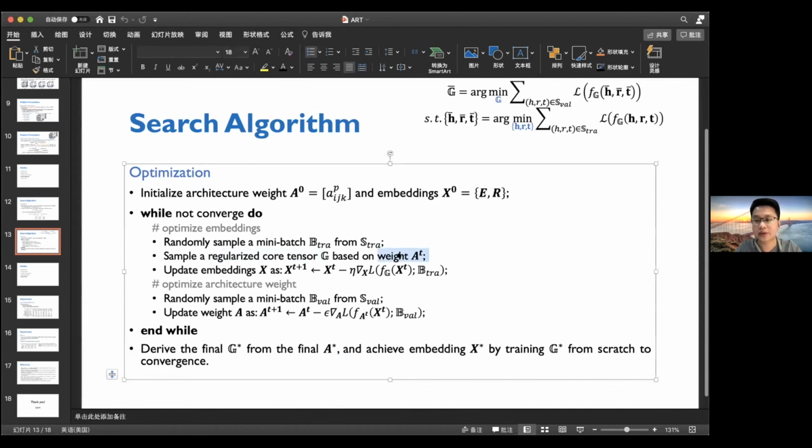The weight is actually the sampling probability, and then we can optimize the probability, that is, the weight. If some combinations of components indeed make progress or improvement in this sampling, we will increase their weight. But if they perform badly, we will reduce their weight by gradient descent. This is how we optimize them.